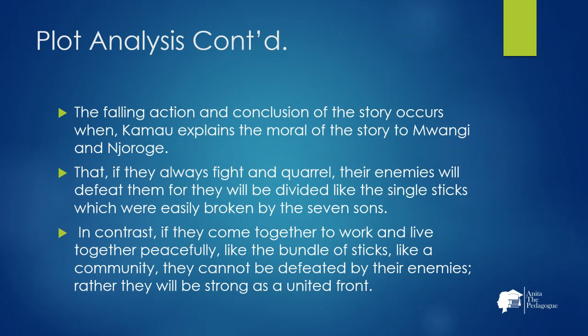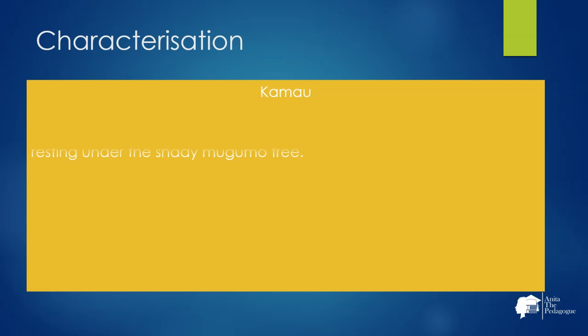In contrast, if they come together to work and live together peacefully like the bundle of sticks, they will be like a community. They cannot be defeated by their enemies. Rather, they will be strong as a united front.